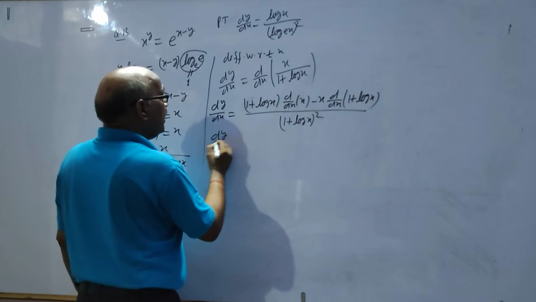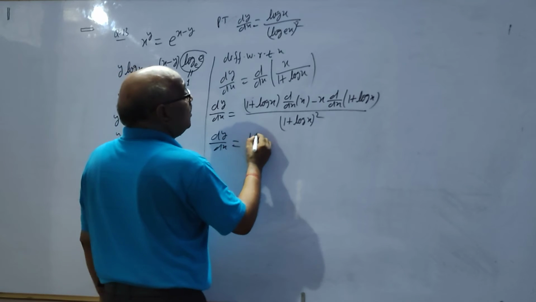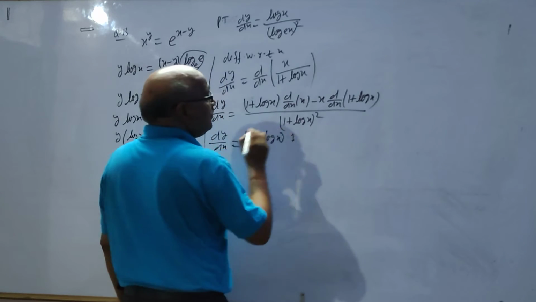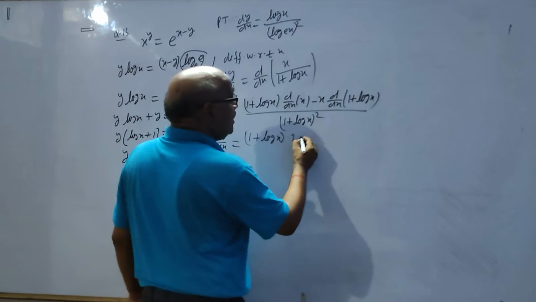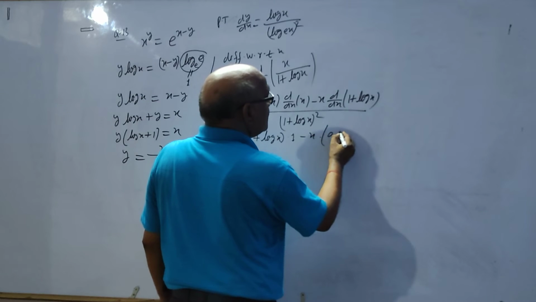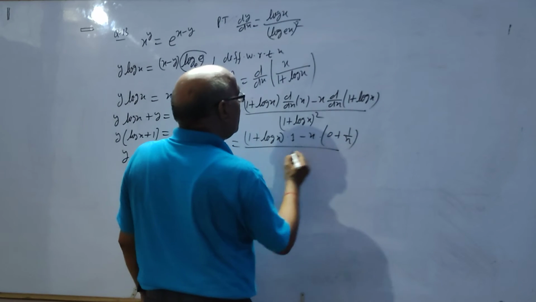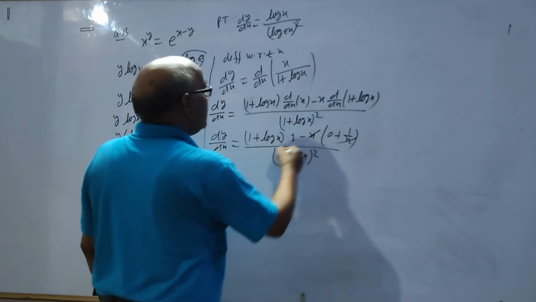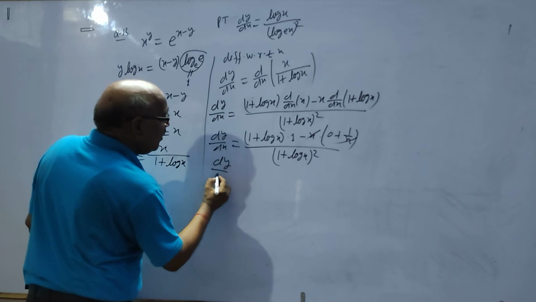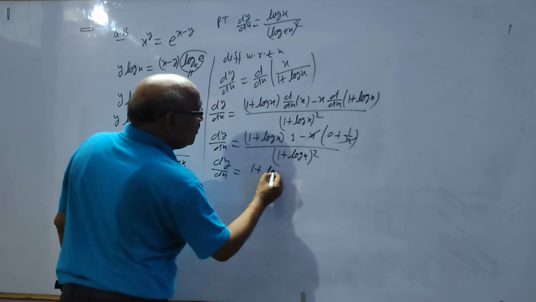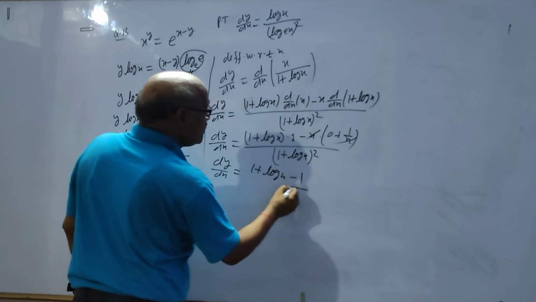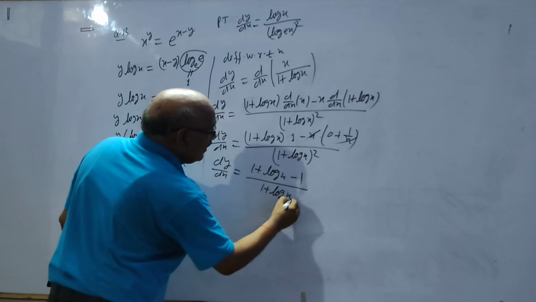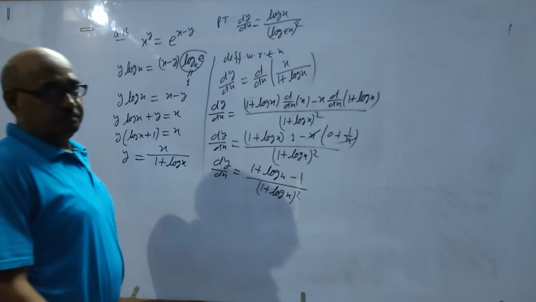Now this is dy over dx, that is equal to 1 plus log x, x का differentiation कितना होता है, that is 1, minus x log x, 1 plus 1 का differentiation 0, log x का 1 upon x, upon this is 1 plus log of x to whole square. यहाँ x से x cancel हो जाएगा, then you will have dy over dx is equal to 1 plus log x minus 1 upon 1 plus log x whole square.